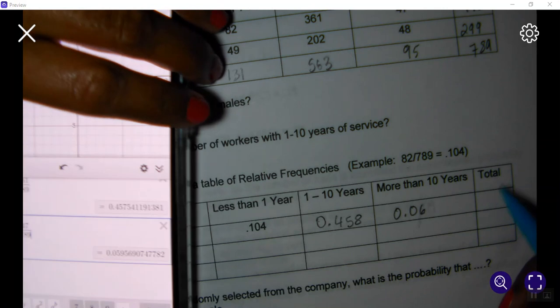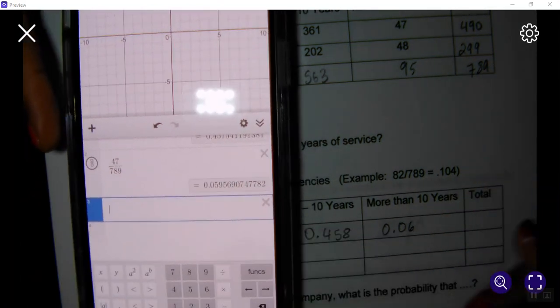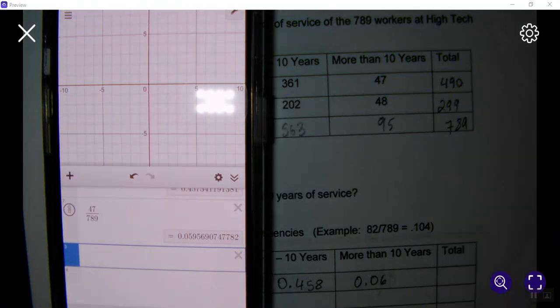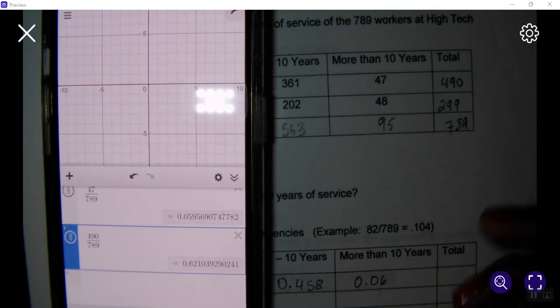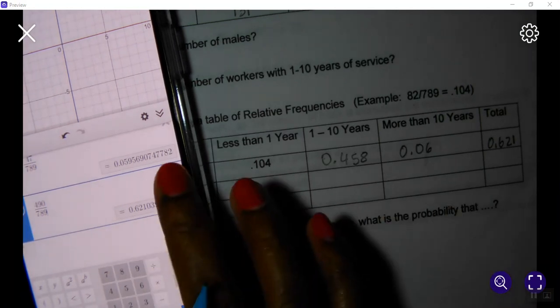And then over here, there's a couple of ways you can do this. You can do the 490 right here divided by the total, which is 789, 0.621, or you can just add these up right here, and you'll probably get the same number.